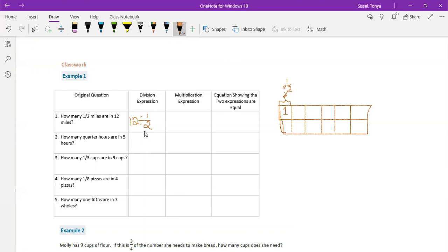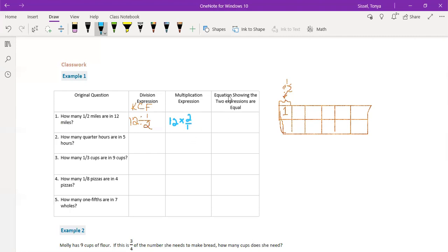So be careful, you have to read the problem. 12 divided by 1/2. Now we're still going to do keep, change, flip, okay? So we keep the 12. We're going to change this to multiply, and we flip this upside down, that becomes 2 over 1, which is just 2, right?